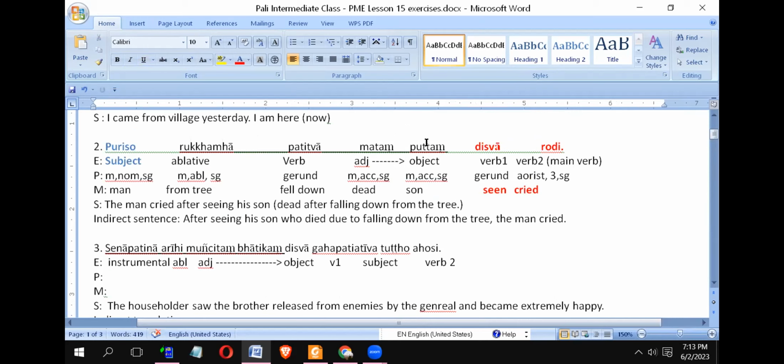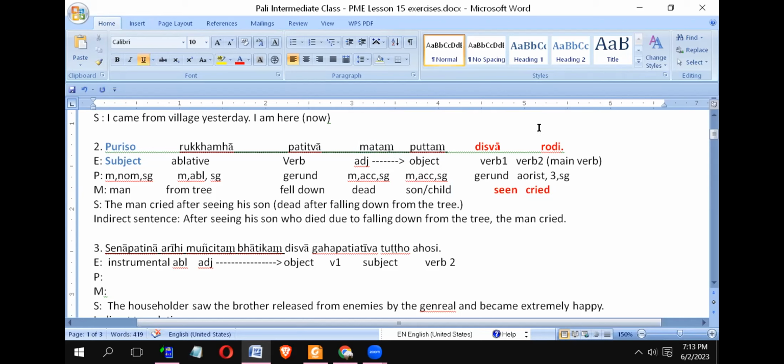Putam is son, but putam has a few meanings, like the son or child. He saw the son. What kind of son? This putam is a masculine accusative singular, and matam also.